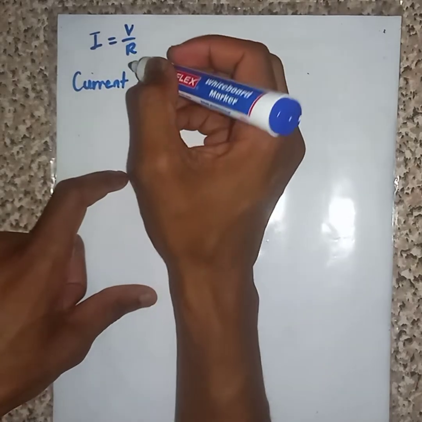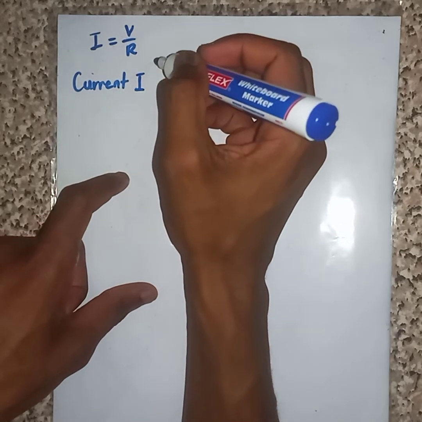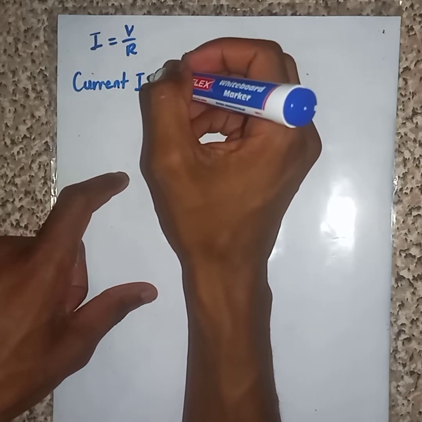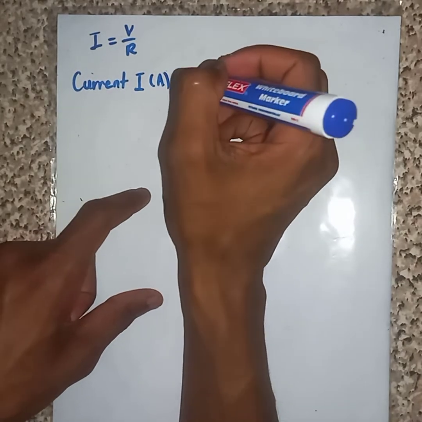The symbol of current is I. Its unit is ampere.